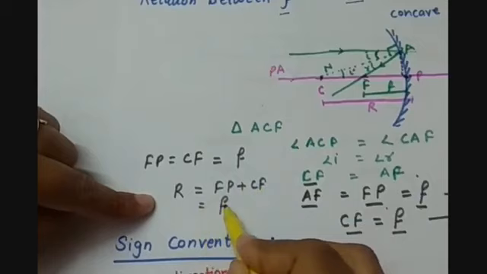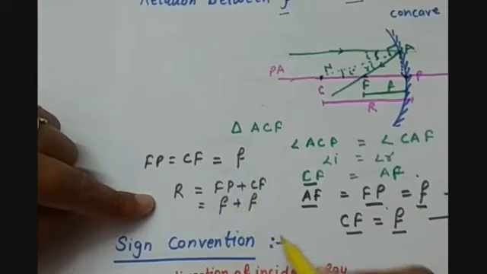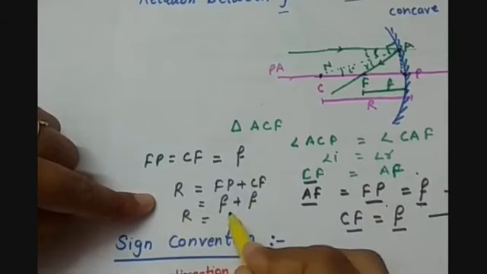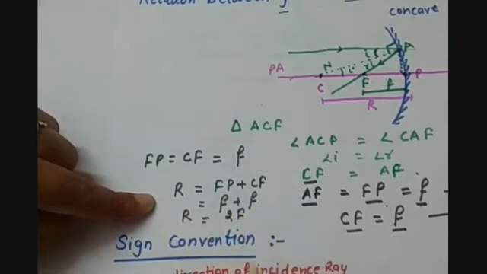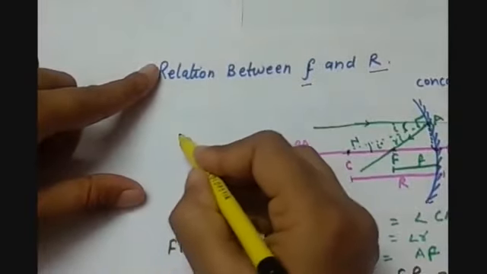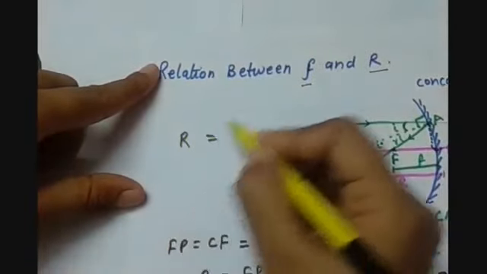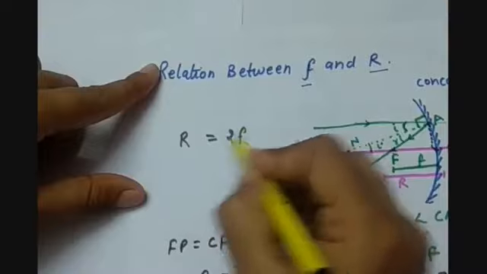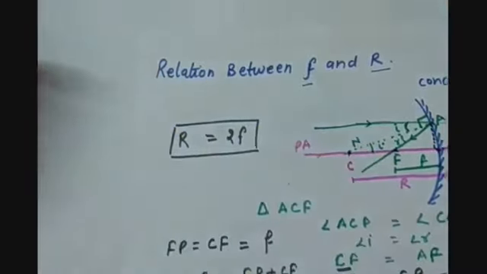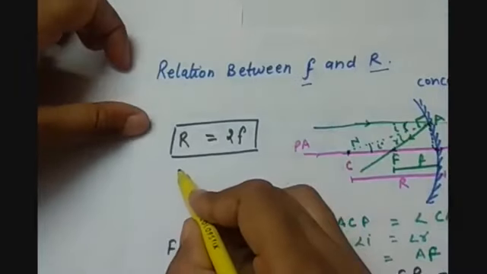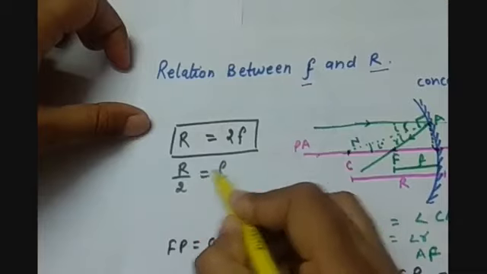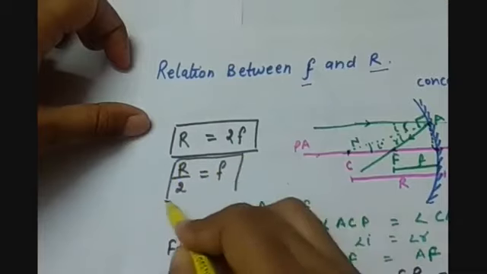FP is also F and CF is also F. That means R is equal to 2F. So this is our basic relation between the radius of curvature and the focal length of the spherical mirror. You can also write it as R by 2 is equal to the focal length.